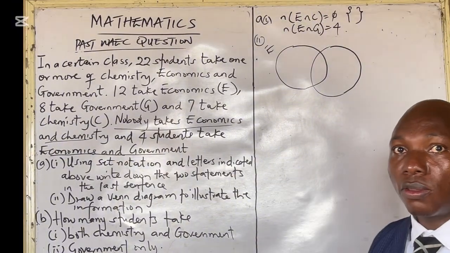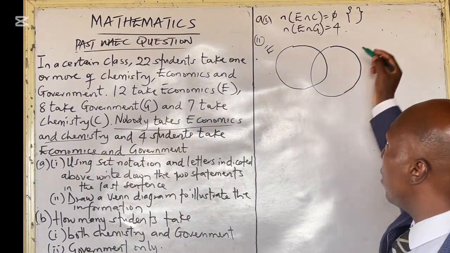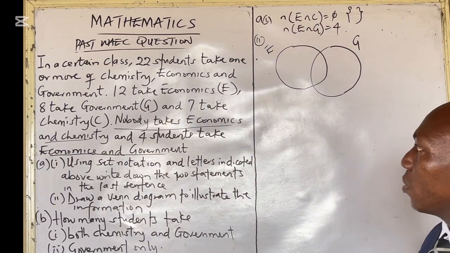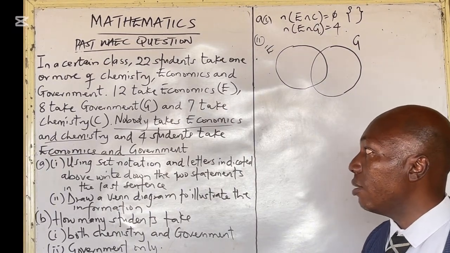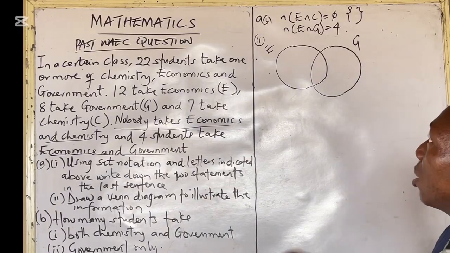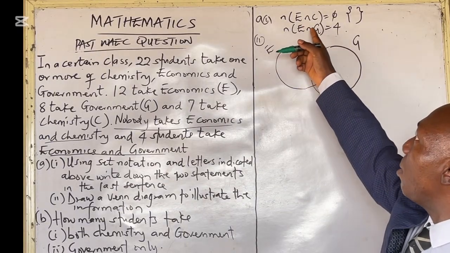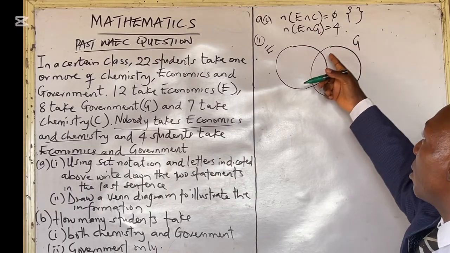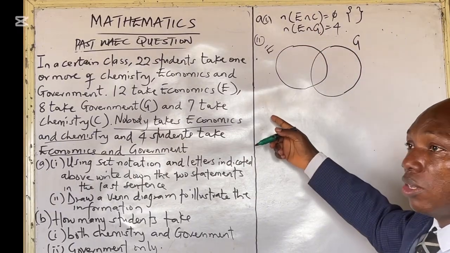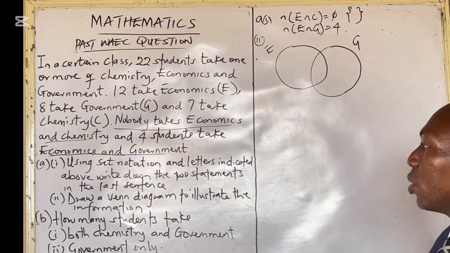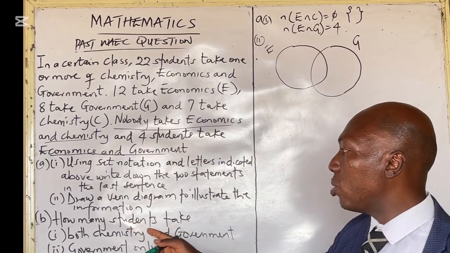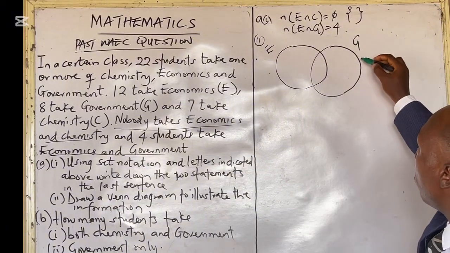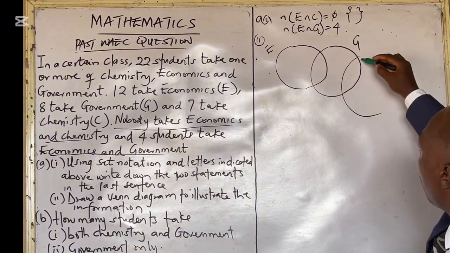So we can make economics and government have figures. Similarly, this is government. 4 students take economics and government. But we are told that nobody takes economics and chemistry, so economics and chemistry is 0. But to find how many students take both chemistry and government, chemistry and government must have a value.